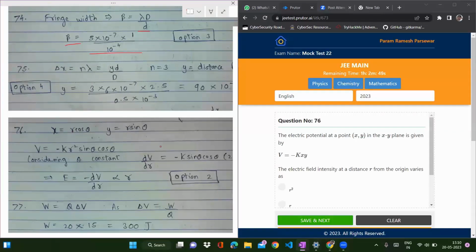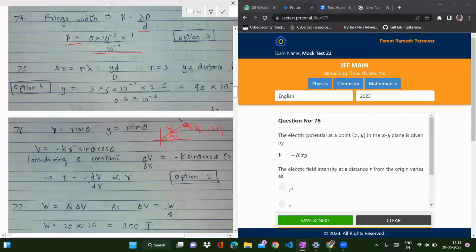For the change from Cartesian coordinates to polar coordinates, we have the relation x equals r cos theta. So for any point x comma y in the Cartesian coordinates, here r is the distance from the origin, and theta is this angle.